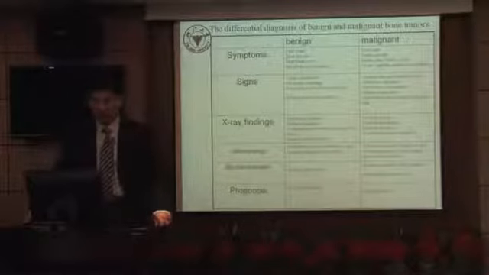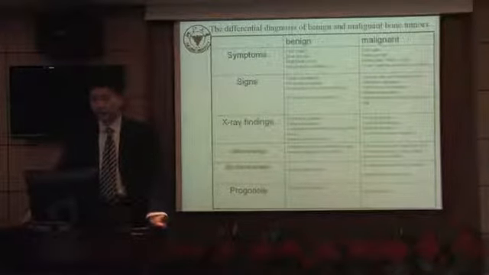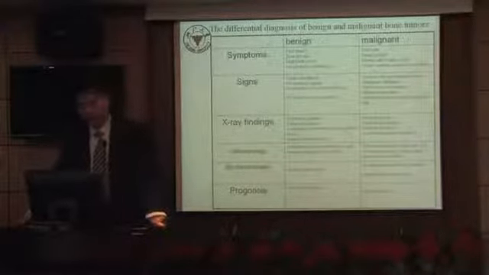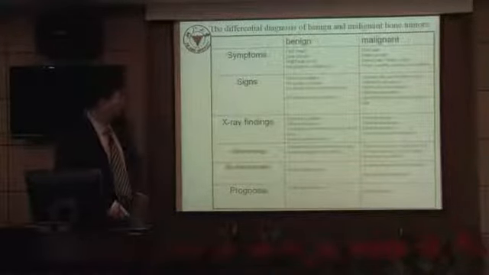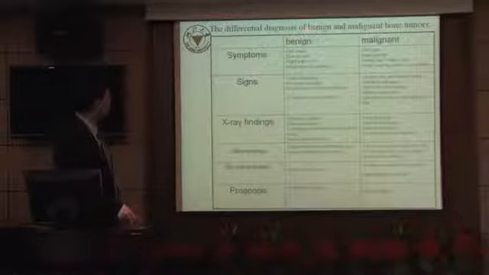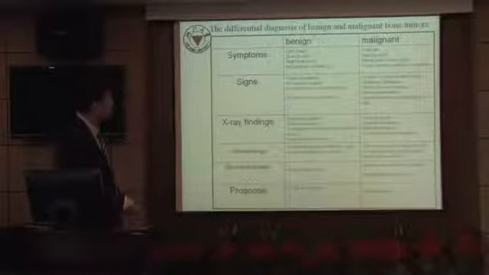The differential diagnosis of benign and malignant tumors, and this table is quite important. First, let's look at the features of benign tumors here, and the features of malignant tumors here.